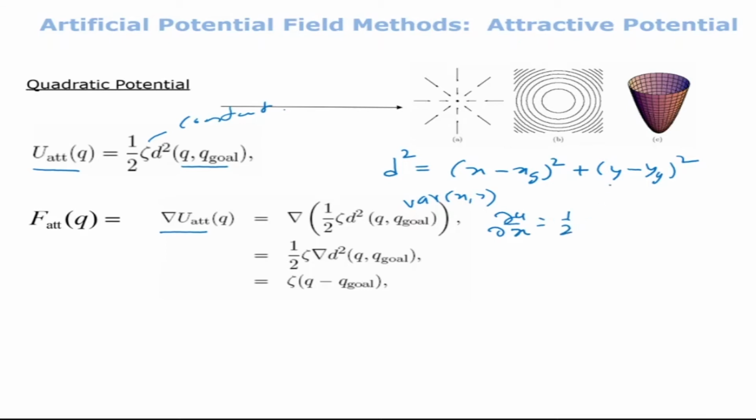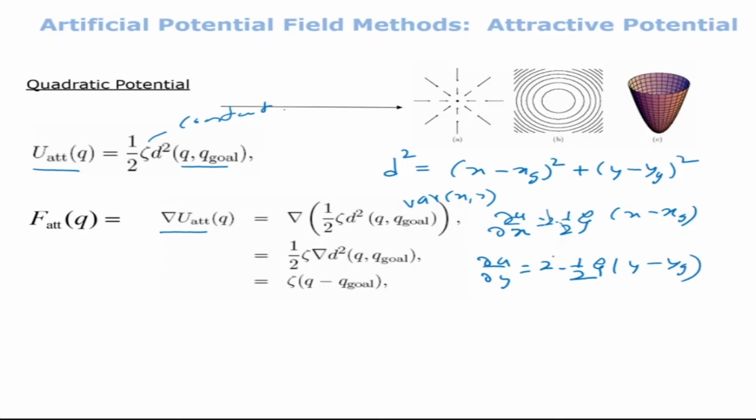So del u by del x would be equal to half zeta into x minus x goal, into 2 will come here. And del u by del y is equal to 2 into half zeta into y minus y goal.